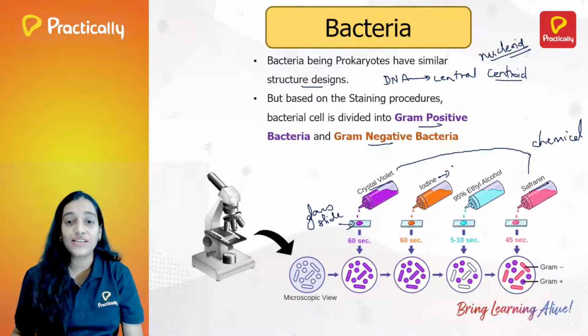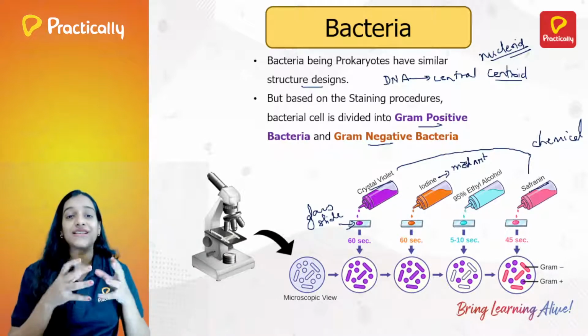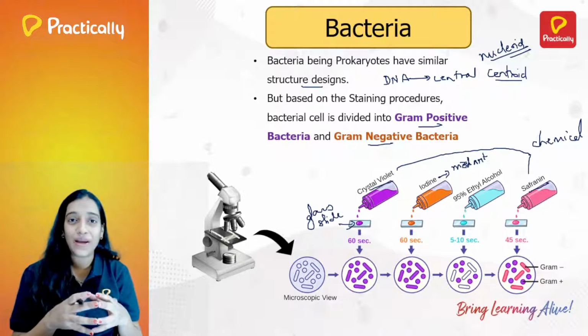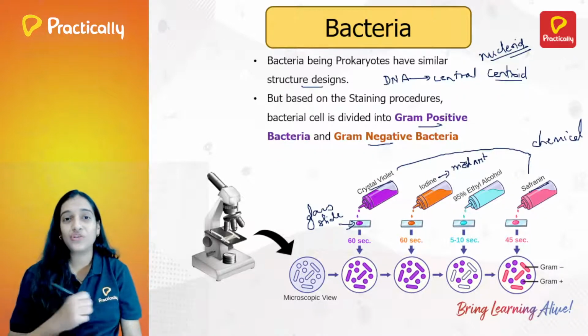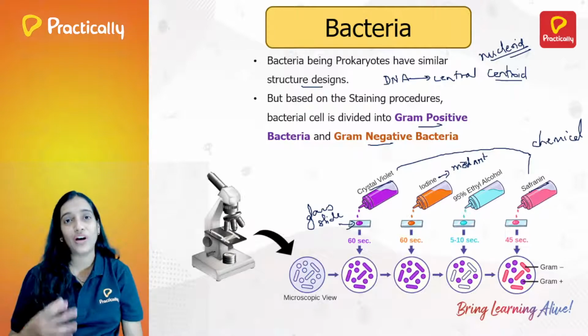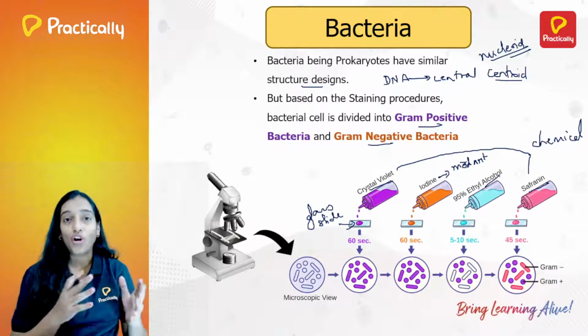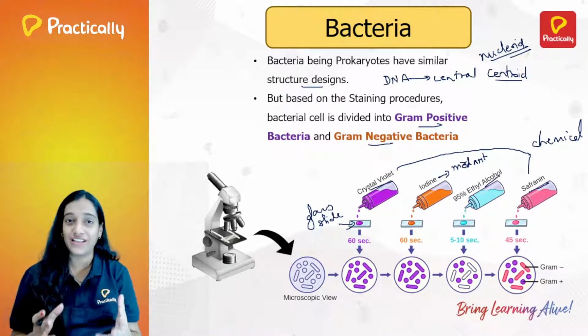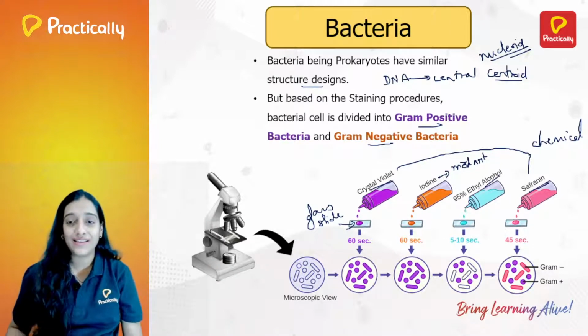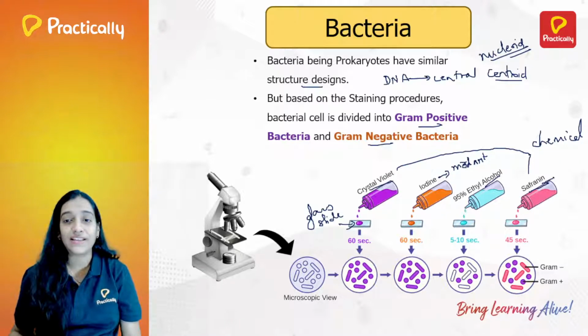This is known as a mordant, because it fixes the crystal violet into the bacterial cell. You will understand this more in depth when you are doing your practicals. Once iodine is added, you add ethyl alcohol to wash away the excess stain present on the slide. And then we stain with safranin.